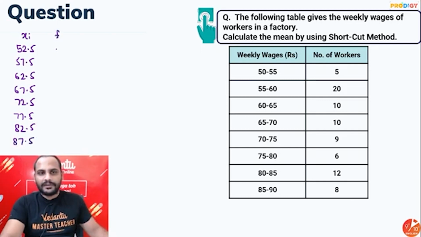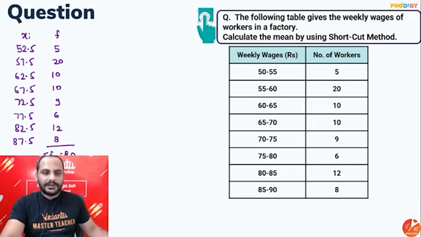The frequencies given to you are 5, 20, 10, 10, 9, 6, 12 and 8. Sum of all the frequencies: 9 plus 6, 15 plus 5, 20, 20 plus 20, 40, 50, 60 and 70, 80.